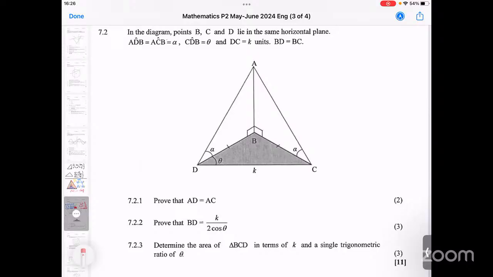Okay, let me see what you've done. Because BD and BC are equal and is given to us, we can tell that this is an isosceles triangle. So then that would mean the opposite angles are equal.